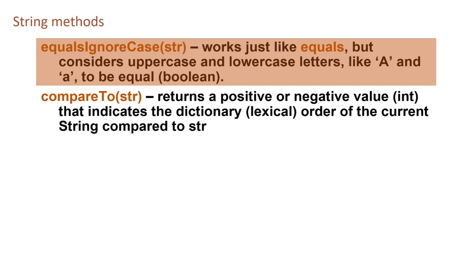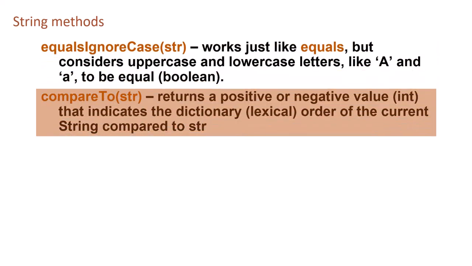EqualsIgnoreCase with a string parameter works just like equals, but considers uppercase and lowercase letters like uppercase A and lowercase a to be equal, returning a Boolean. CompareTo, which receives a string, returns a positive or negative value, an integer, that indicates the dictionary or lexical order of the current string compared to the parameter str.